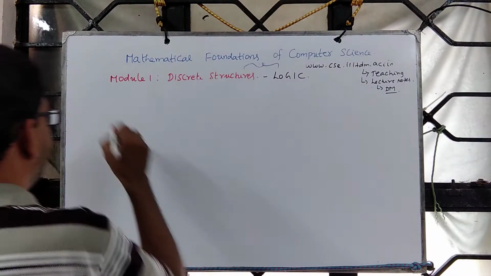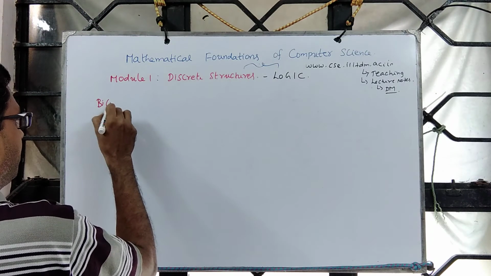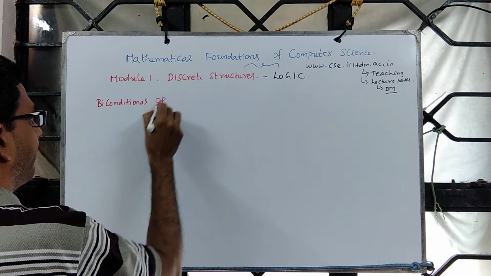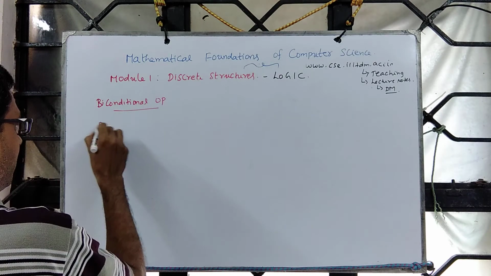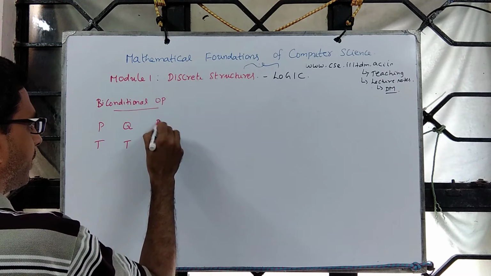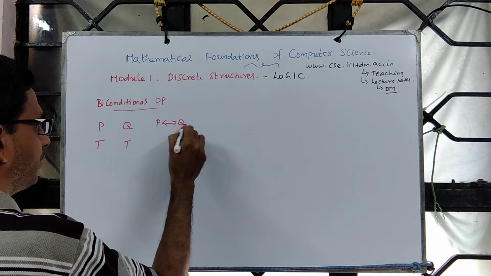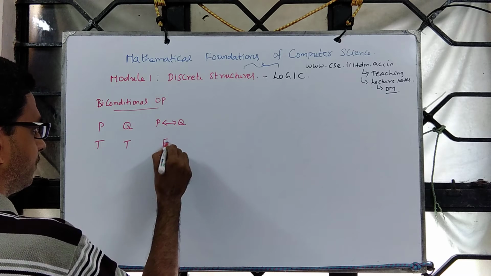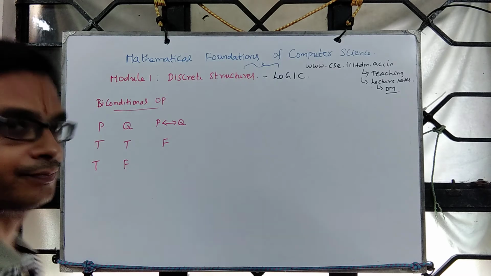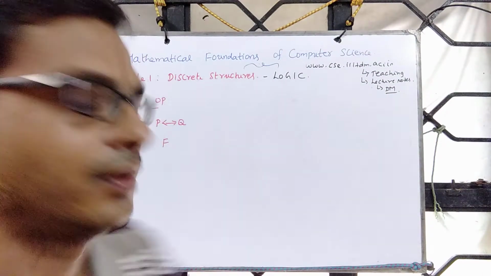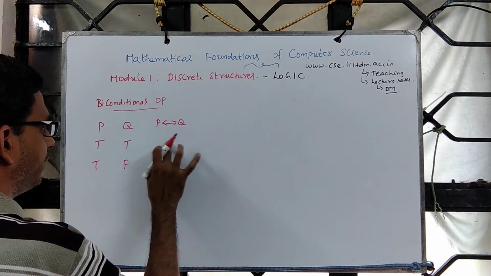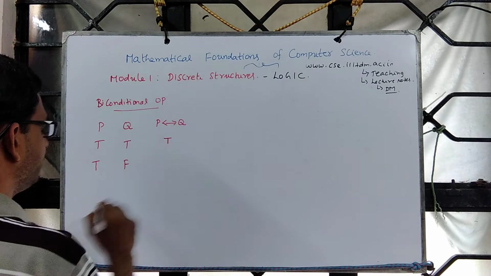Our next operator is the biconditional operator. If P and Q are true, then the truth value of this is true.